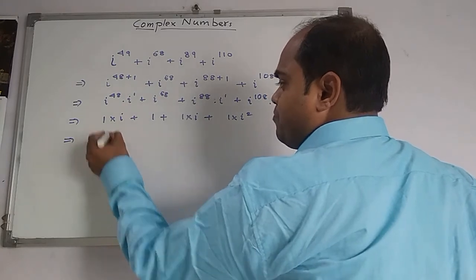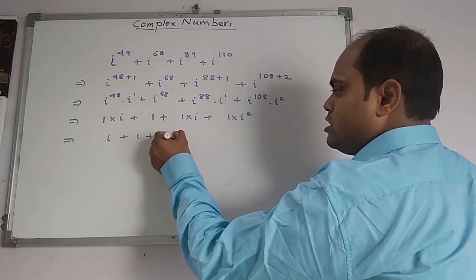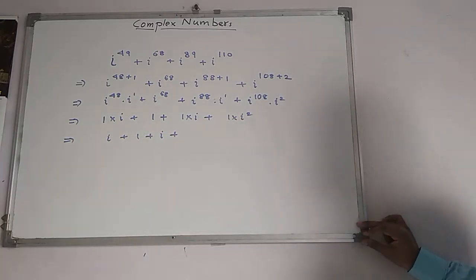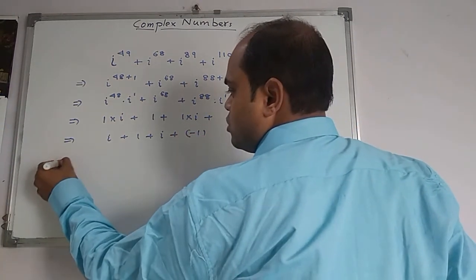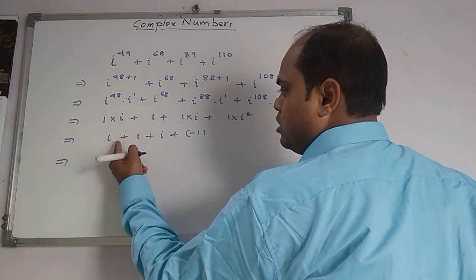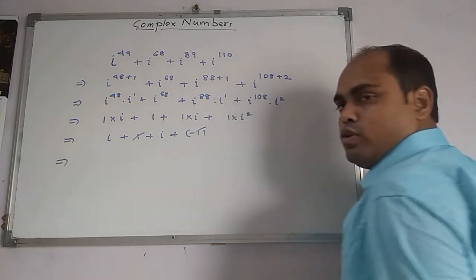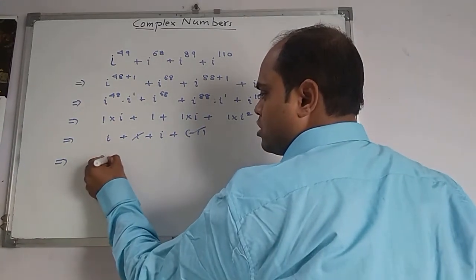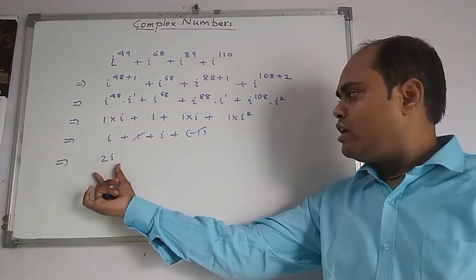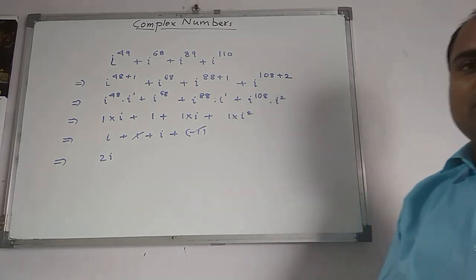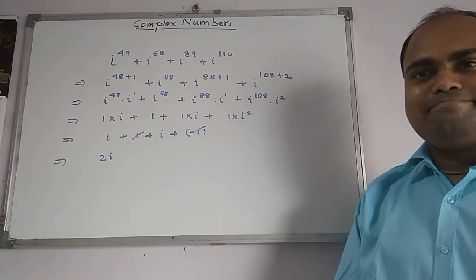So we have iota plus 1 plus iota plus iota square, which is equal to minus 1. So we have minus 1. So 1 and minus 1 get cancelled out, and iota and iota give 2 iota. So the value of this expression is what? 2 iota. Any doubt? Any query? Okay. I hope you understood the explanation. Thank you.